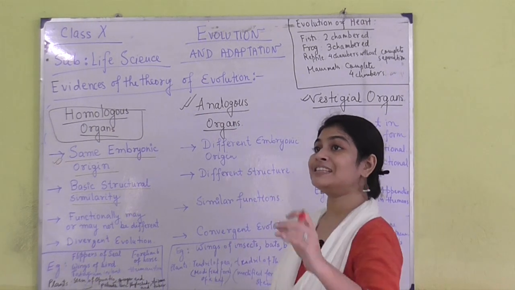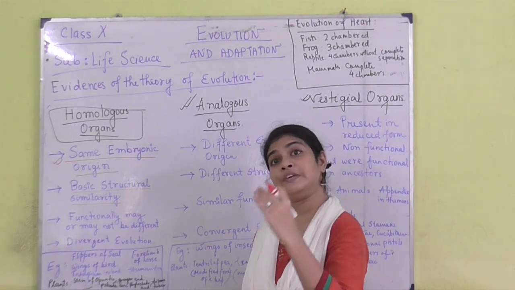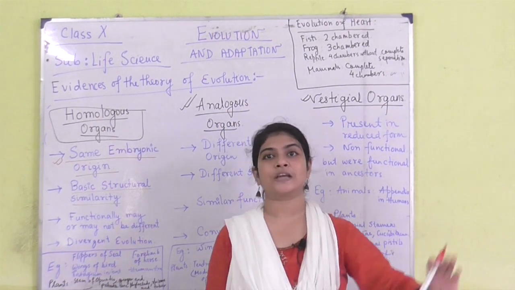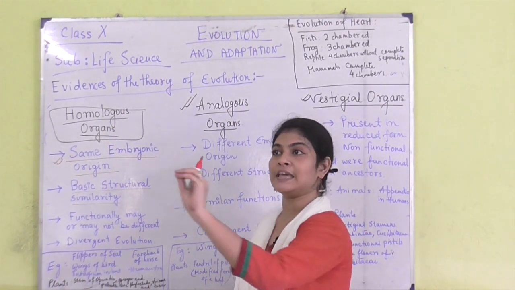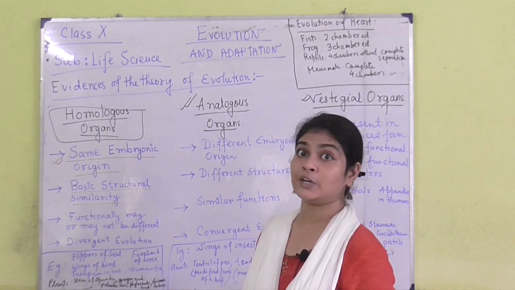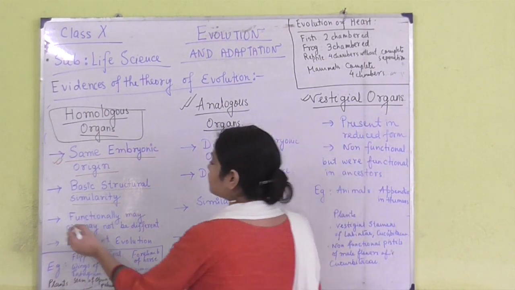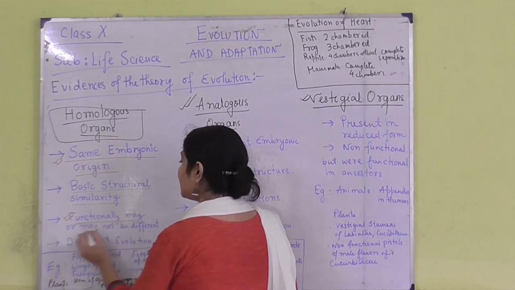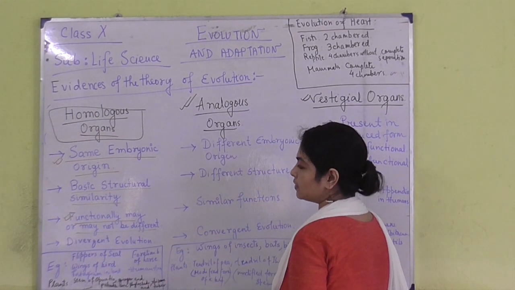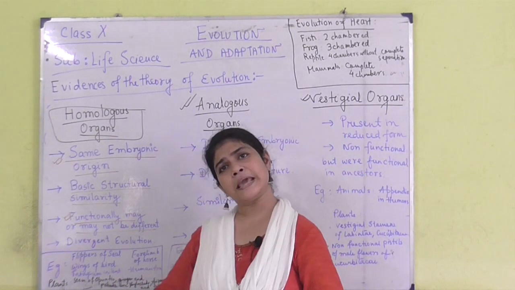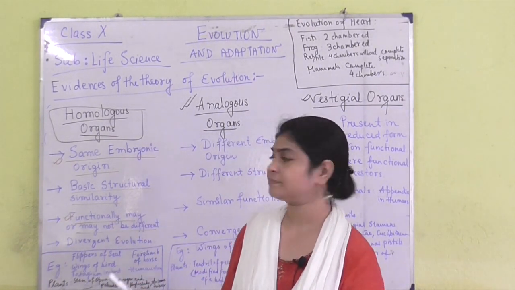If we look at the structure, then we will also find that there is a basic similarity in the structure of the organs A, B, C and D of different animals. We are talking about organs of different animals, but functionally they may or may not be similar or different. So, the functions may be same or different, it depends.